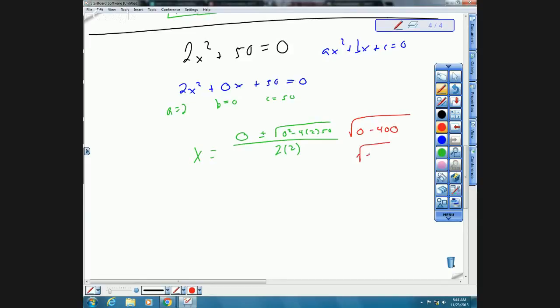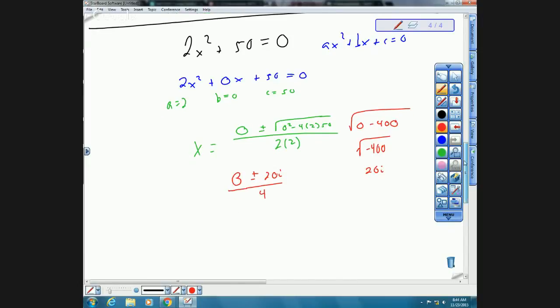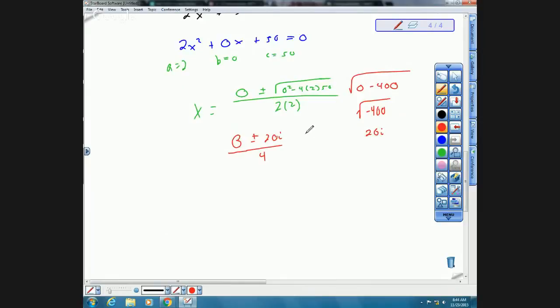So what's the square root of negative 400? 20i. Well, 0 plus or minus 20i over 4. Well, 0 plus or minus anything is 0, right? The 0 doesn't really do anything there. Because 0 plus 20i is still 20i, 0 minus 20i is still 20i. So you have plus or minus.